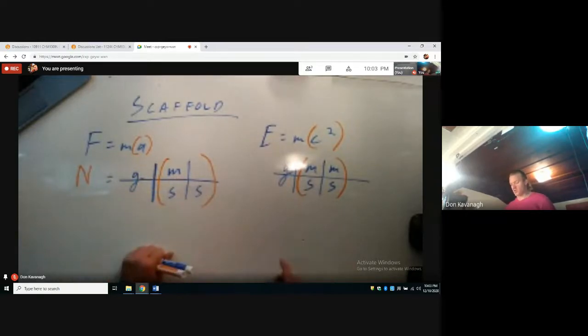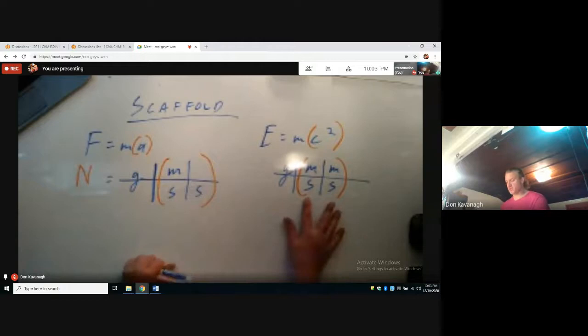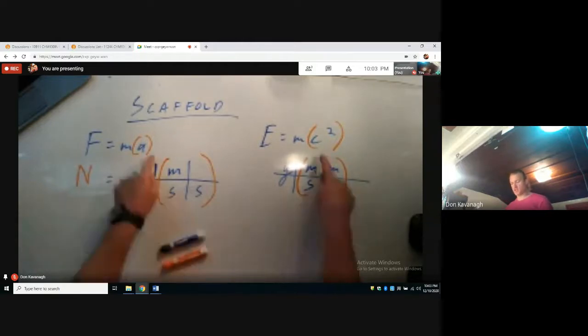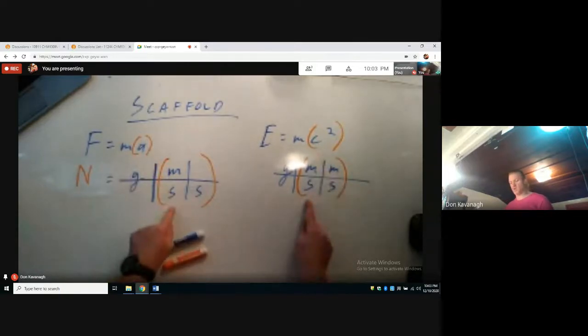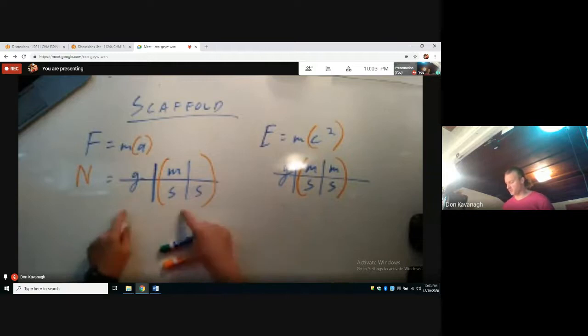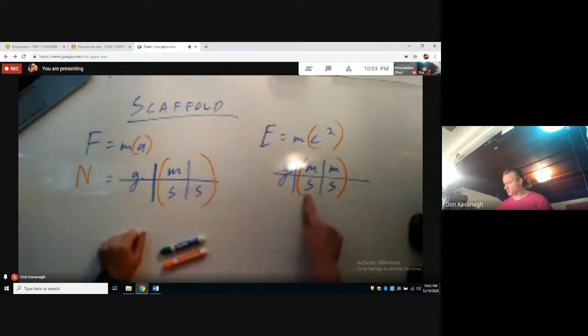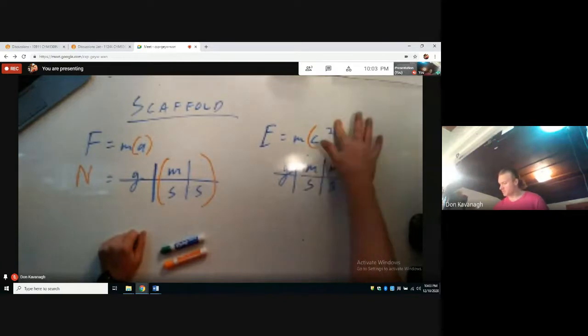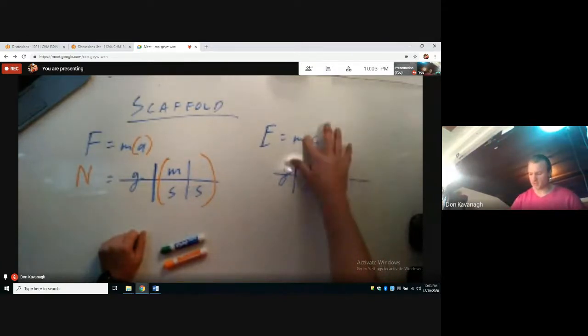I've used these orange parentheses so you can see vertically the relationship. I want to erase these orange parentheses so that you can see a lateral relationship between these. Because these are no longer related, I'm going to erase these up here as well.